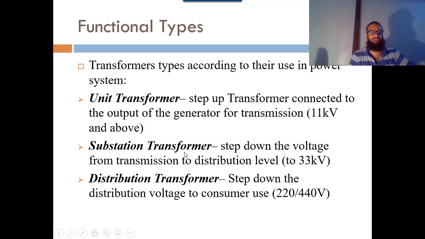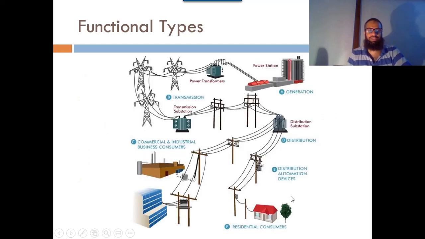One is substation level, where we step down the voltage level of the transformer to 11 kV or 33 kV, and then we have the distribution transformer which converts 11 kV voltage into 220 or 440 near our residential field.